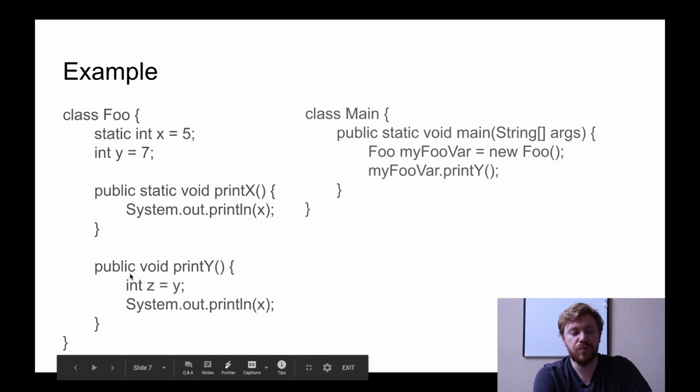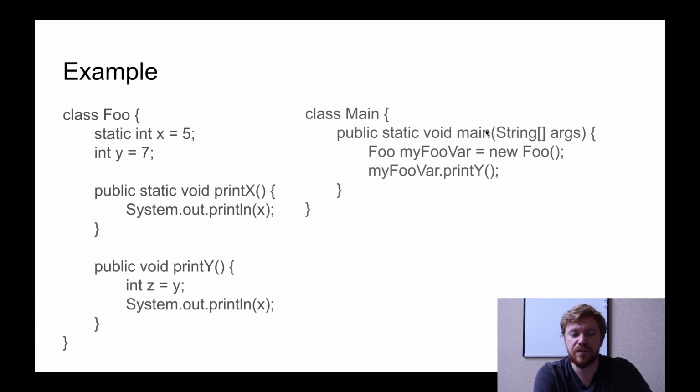The non-static printY method allocates or creates a z variable. That is actually a mistake. It should be printing z here. I'll fix that. Then I have a main class here, and this main class just has the main method. It allocates or creates a Foo variable called myFooVar, and then calls the printY.